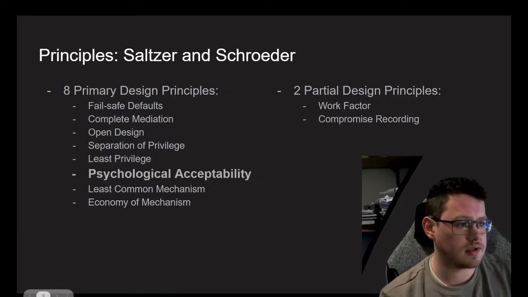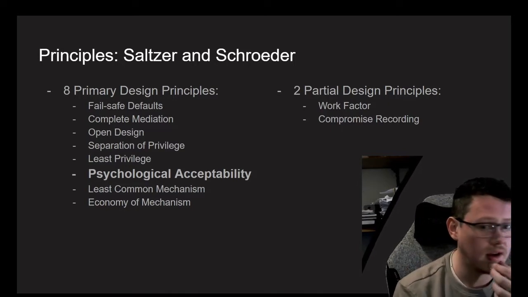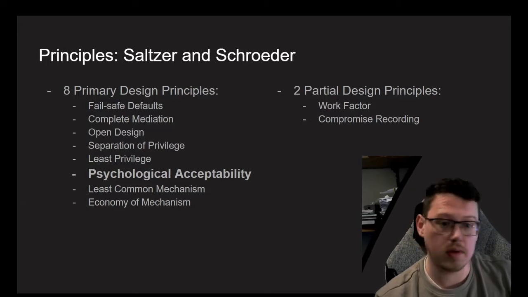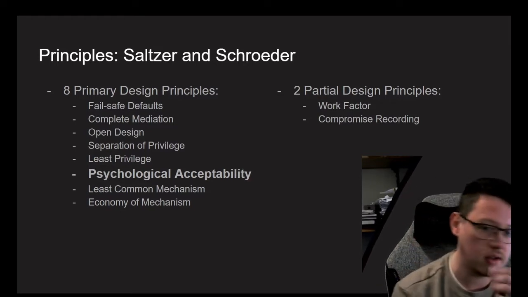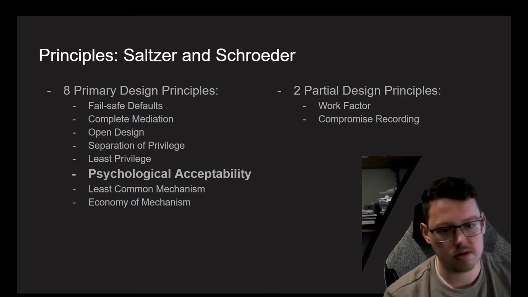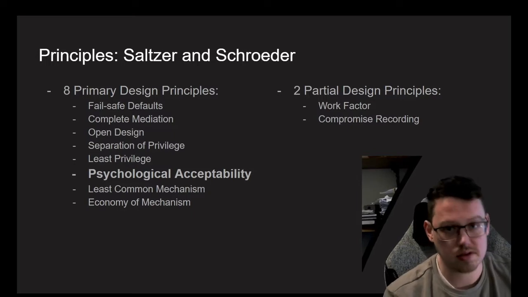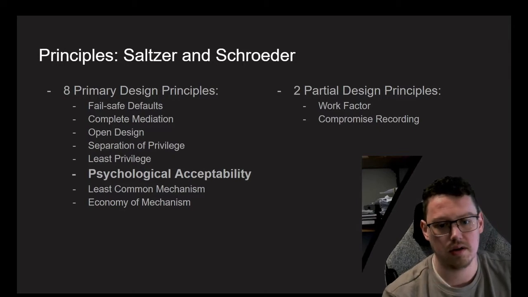Then we've got psychological acceptability. This is all about interface design, really. How easy is the control to use by the users? It should be accepted by the users. They shouldn't find it difficult or extra work to operate securely. It should be baked into the system in a way that the person using it ideally doesn't realize or have to jump through any extra hoops in order to make it work in a secure manner.